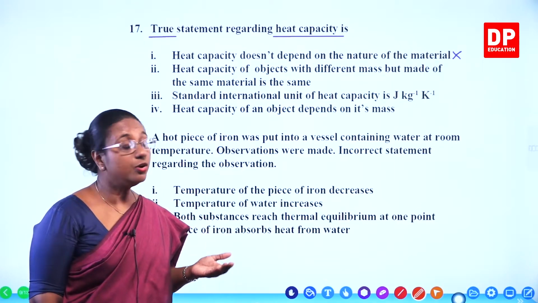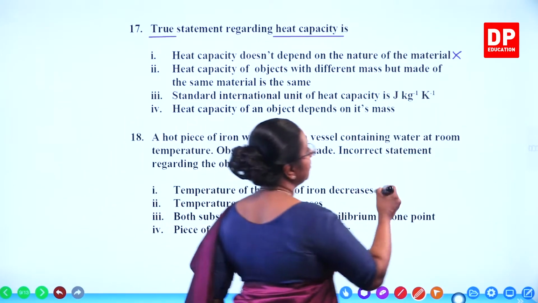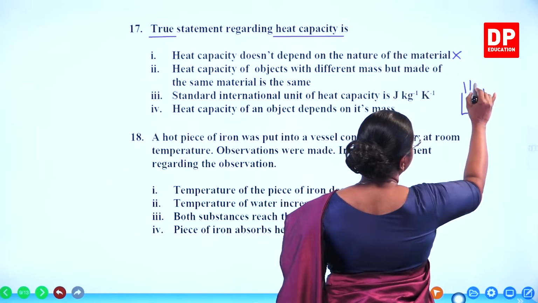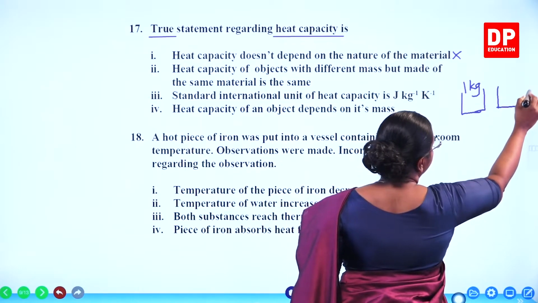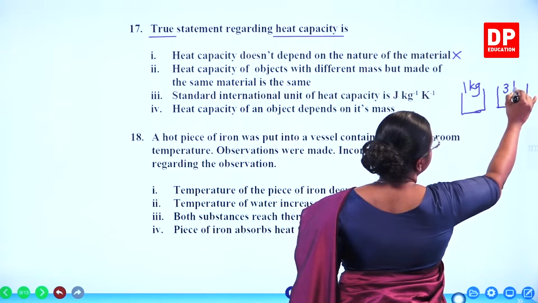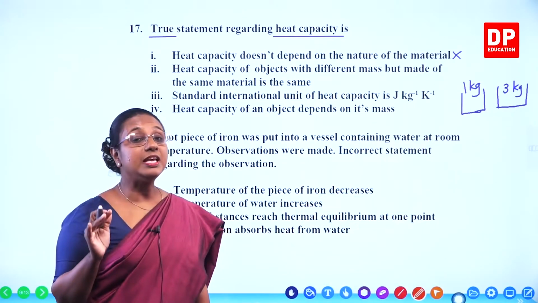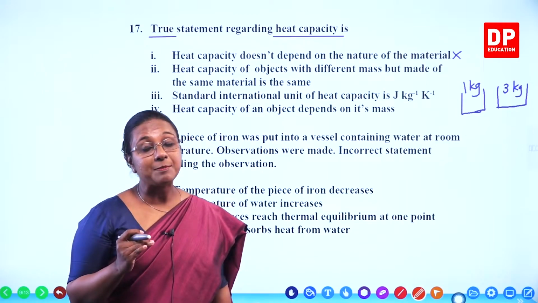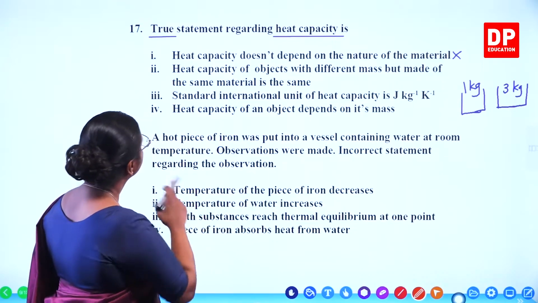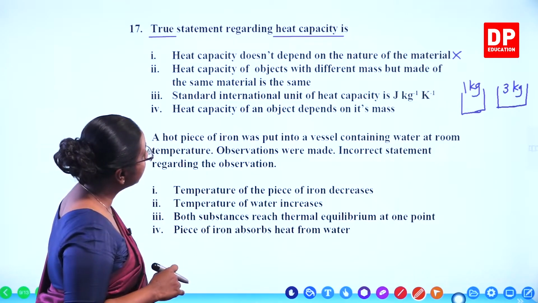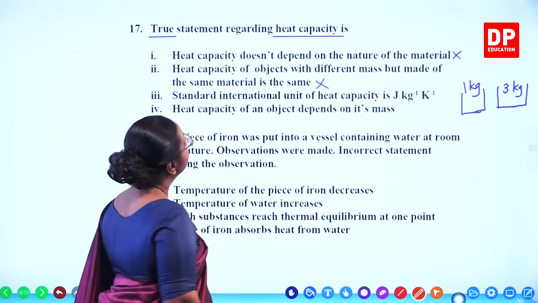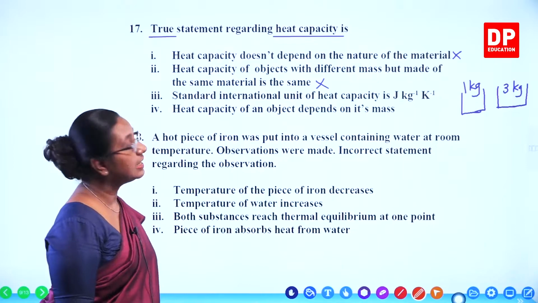That is also wrong. Now, let's say if you have 1 kilogram of water, and if you had 3 kilograms of water, specific heat capacity will be the same, but the heat capacity will be different.